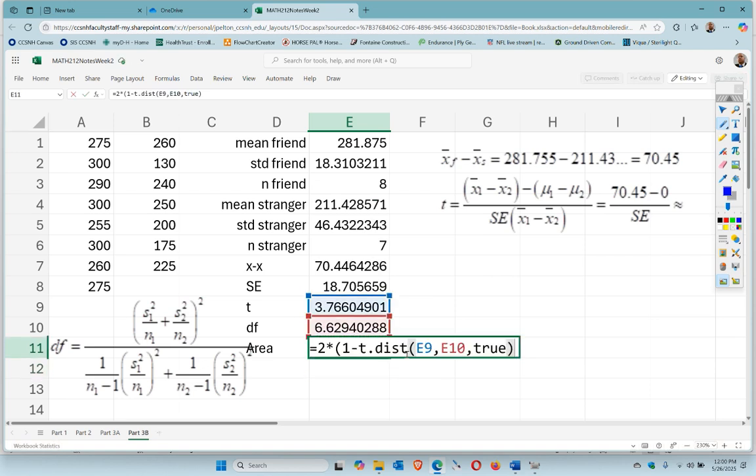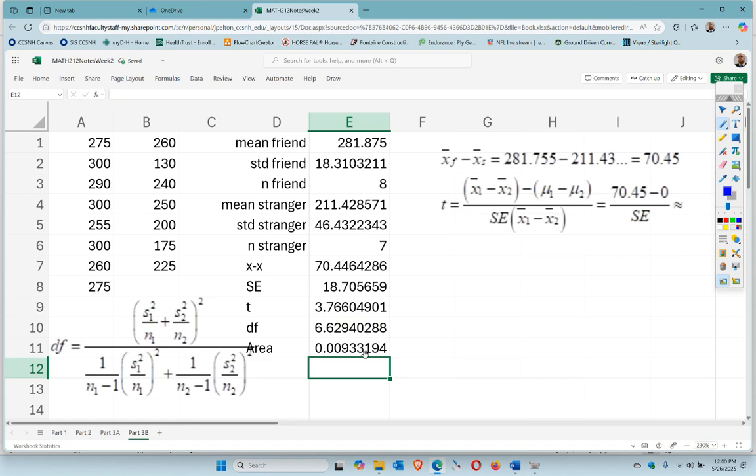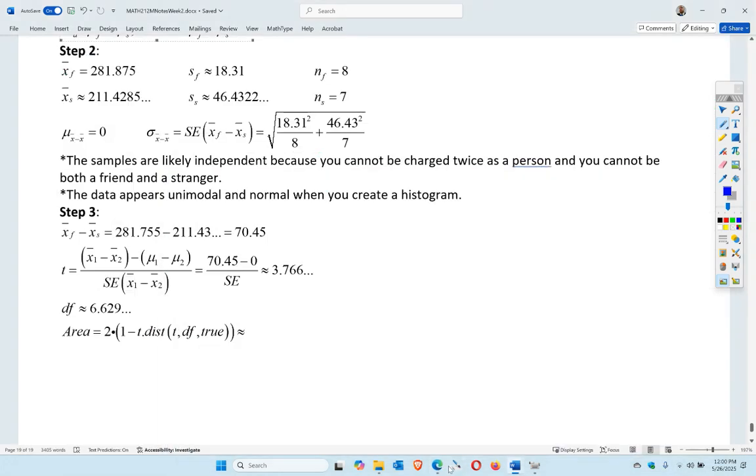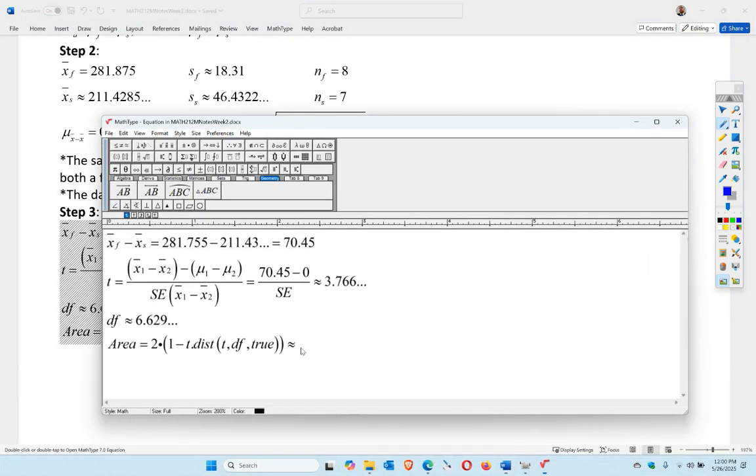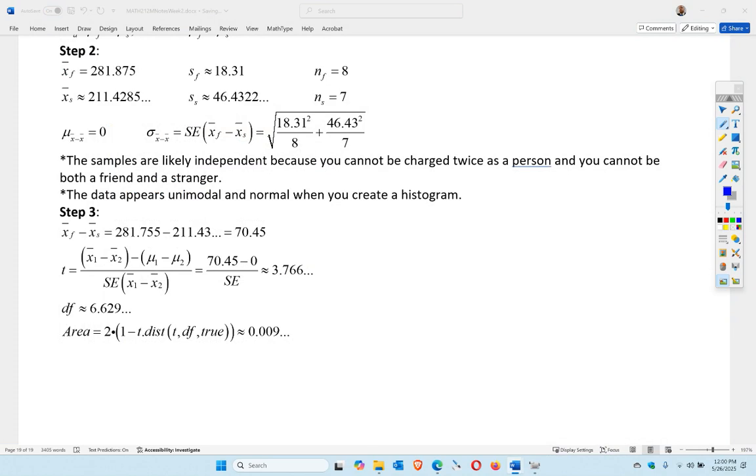Oh, I didn't close parenthesis, that's why. Right, so close parenthesis on that. There we go, so we get that value there. Okay, so about 0.009 and some change, 0.009 dot dot dot. Either way, there's some more decimals after that, but they don't really matter, to be honest. Okay.